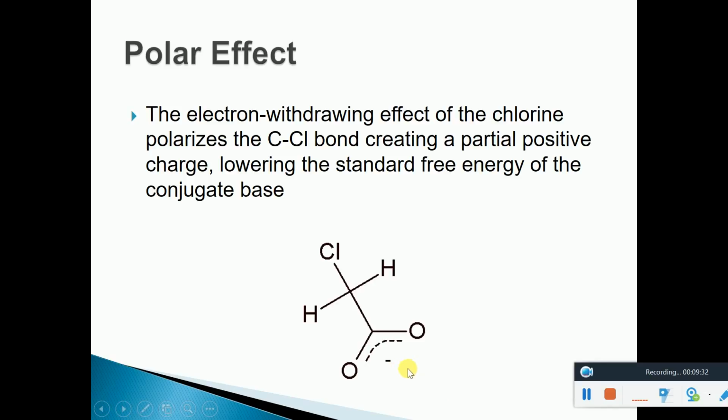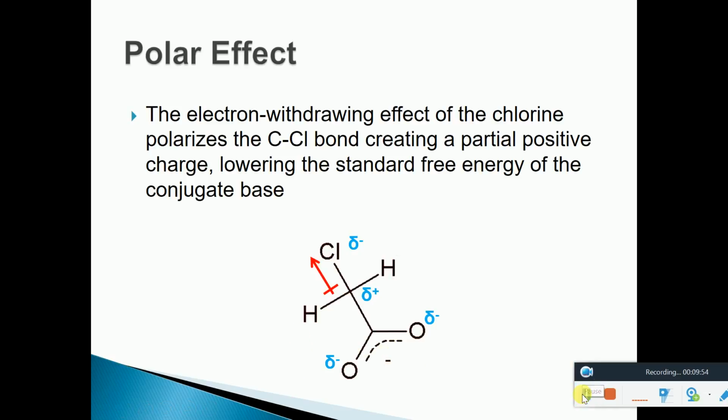Here you can see this negative charge is being delocalized between these two oxygens, and it's being helped out by the fact that this chlorine is also pulling away electron density. So it's sharing this negative charge around a larger area, and it just makes the molecule more stable.